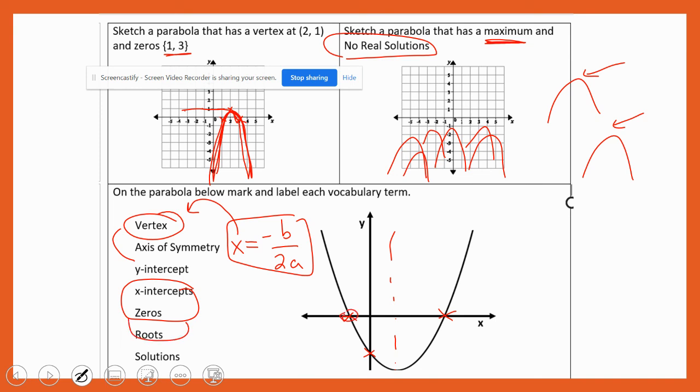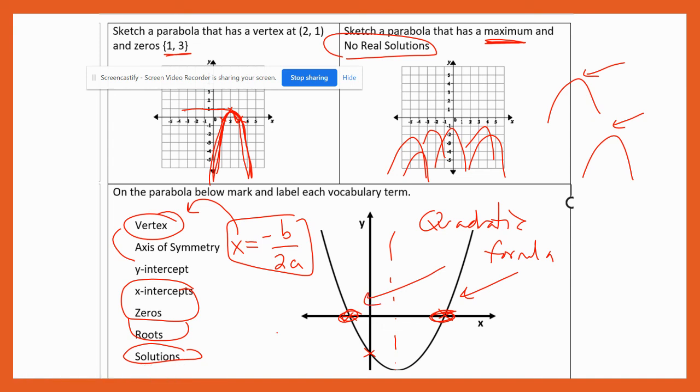The roots, they are the same. And then the solutions would be where we cross the x-axis. The way you find solutions in a crazy word problem equation is the quadratic formula. So all the factoring and solving and everything we do is to find the zeros. When you're doing other things, those are not factoring and solving.